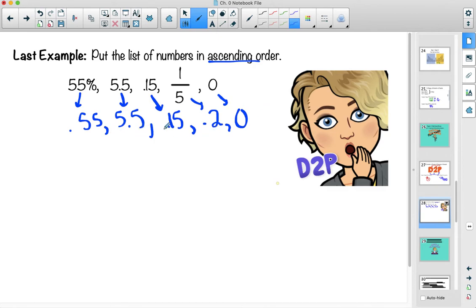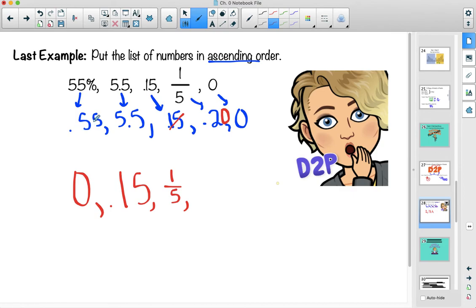So my smallest number up there is going to be 0 because all of the other numbers are positive. The next number, if I follow my rules of adding zeros, is going to be 15 hundredths. The next number is 20 hundredths, which I'm going to put back in its original form, which is 1/5.